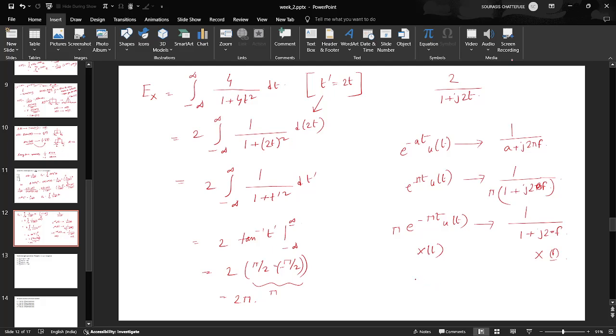Now if I compute x(t), which is 1 over 1 plus j 2t, it has this Fourier transform: pi e to the power minus pi f u(f), U of minus f and pi f. Yeah, it's correct now.